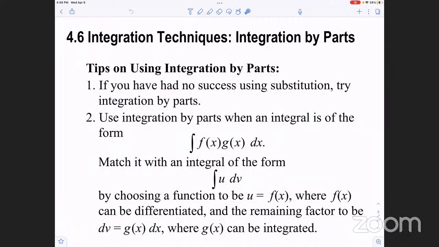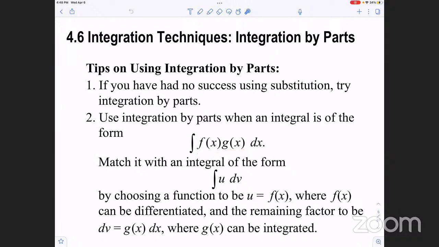So a few tips on using integration by parts. If you've had no success using substitution, so first we try substitution, then try integration by parts. Use integration by parts when an integral is of the form f of x times g of x dx, right? So you have one function times another.